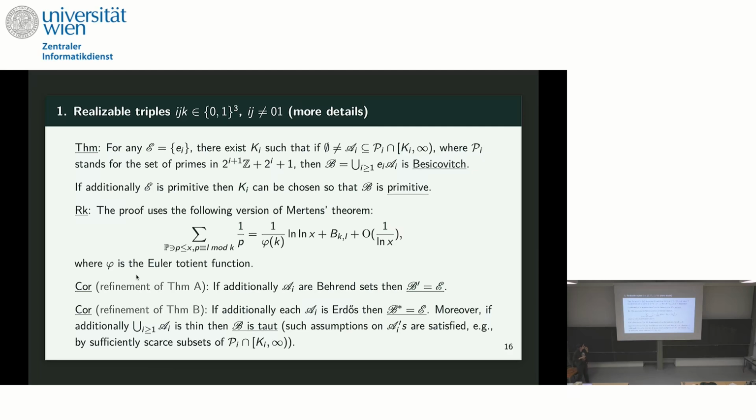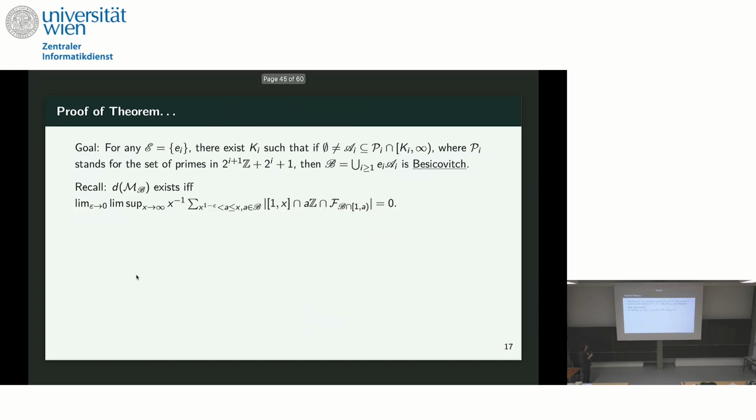So for example, I already said that. You don't take too many and you get what you need. Okay, so even more details. This is our goal. We want to show that this set B is Besicovitch, and we will be using this complicated R' criterion. So we need to look at such expressions.